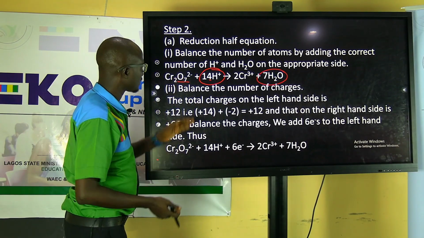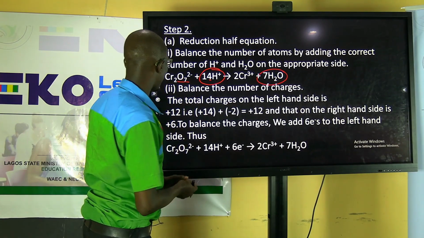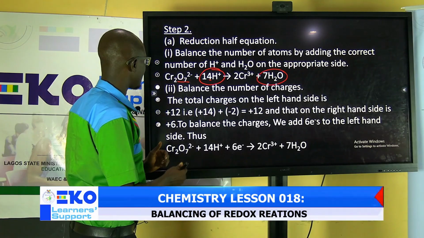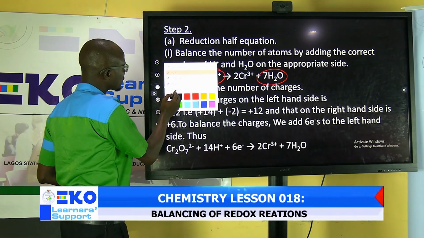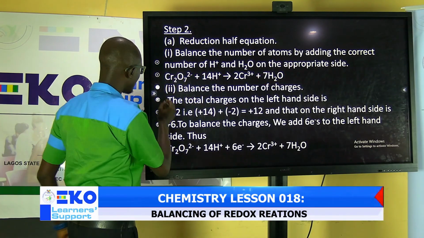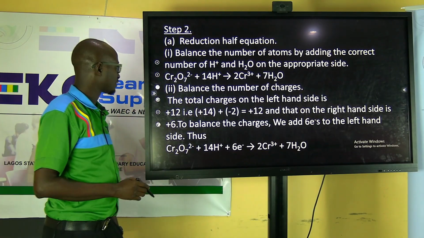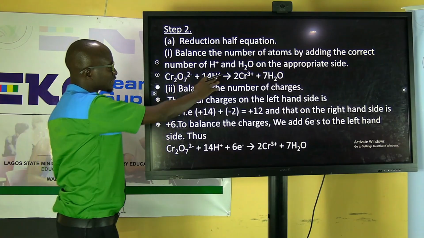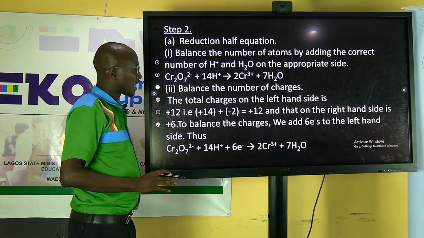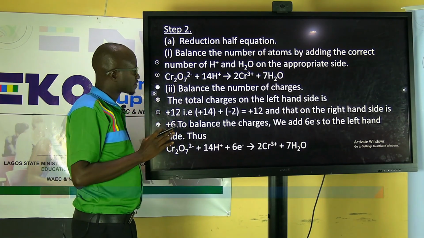Now let's move on. Balancing number of charges. That's the next one. Balance the number of what? Charges. How do we balance number of charges, my dear students? Very simple. You have already balanced the number of atoms. I would advise you, always confirm before you go to the next stage.